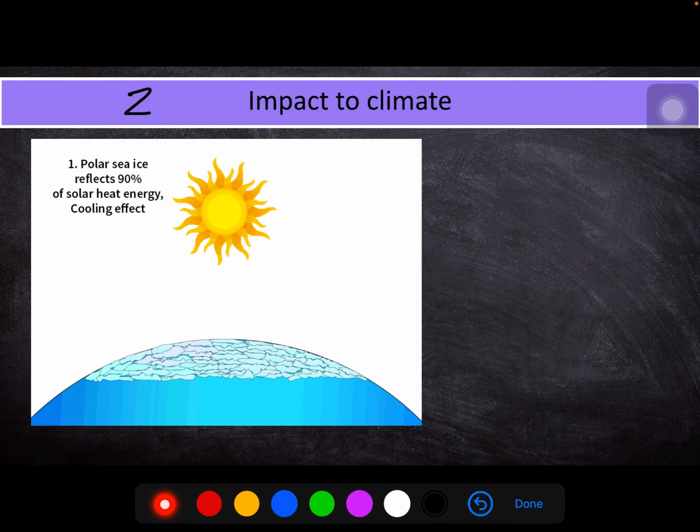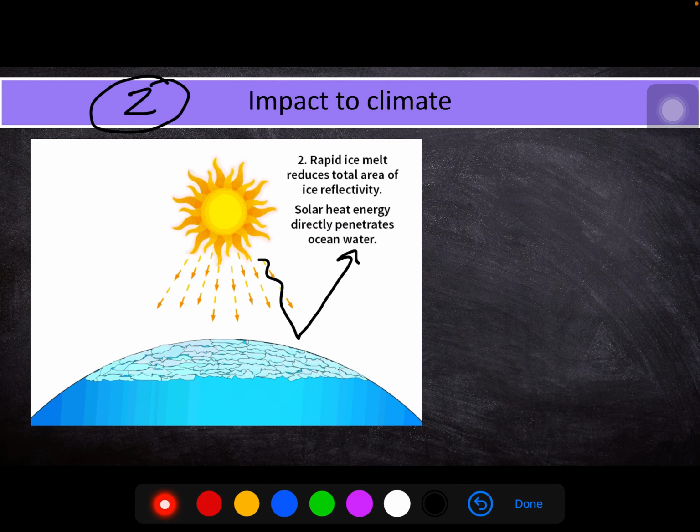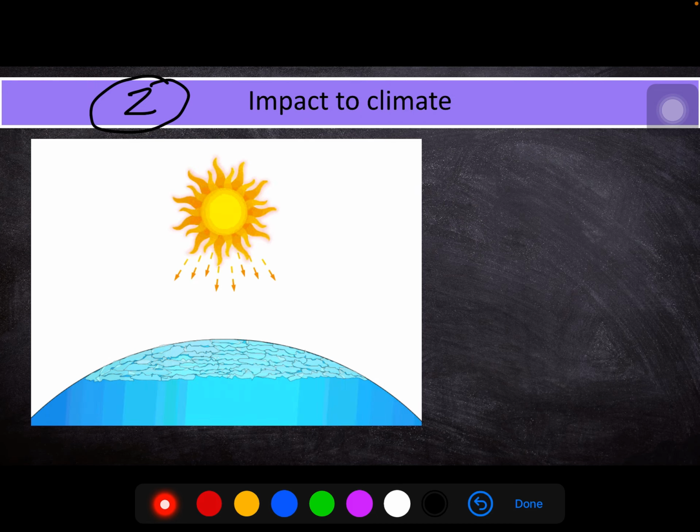So we got to think about our number 2 here. What is our impact to climate? Well, what we see over time, especially at the poles, is a lot of albedo, right? A lot of reflectivity happening because there's so much ice there. But because the entire planet is warming up, we're starting to see the ice levels reduce a little bit.